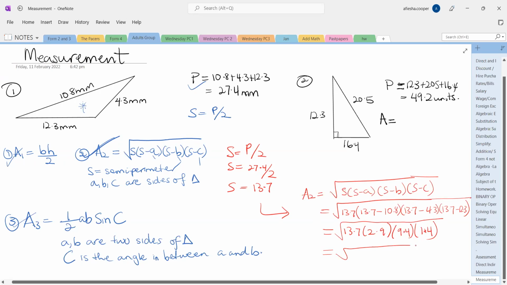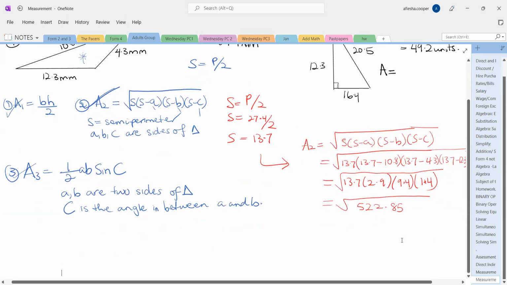Keep working out below your square root, multiply them all, 1.4 by 9.4 by 2.9 by 13.7, which will give me the root of 522.85, round properly.